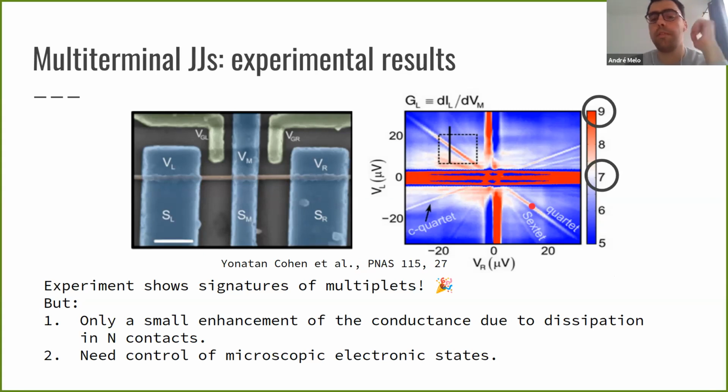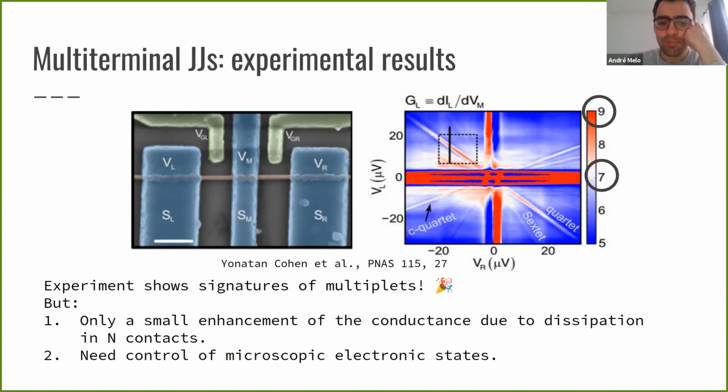However, there are a couple of problems with this sort of setup. First of all, you only see a small enhancement of the conductance. If you look at the scale, the enhancement at the quartet biasing condition is not very high. So the supercurrent is not very super, let's say.